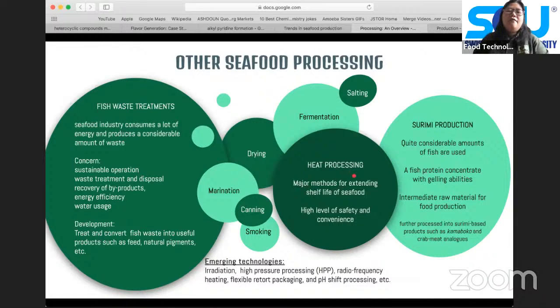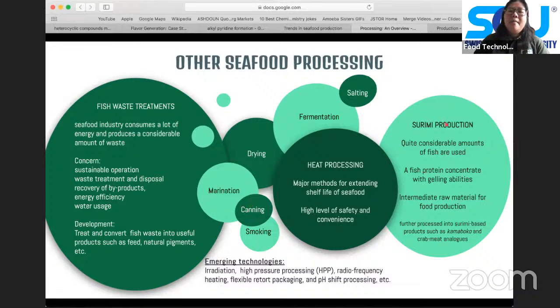And then you have a lot of other processing such as drying, canning, salting, and also the traditional processing such as fermentation, marination, and smoking, that create the variation of seafood products.